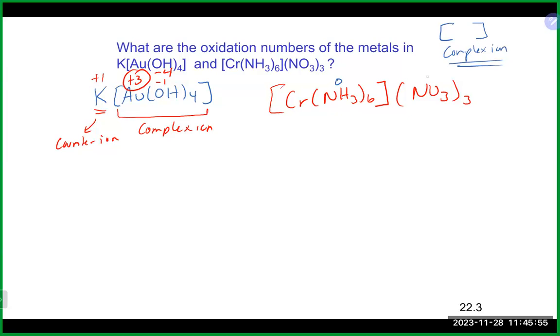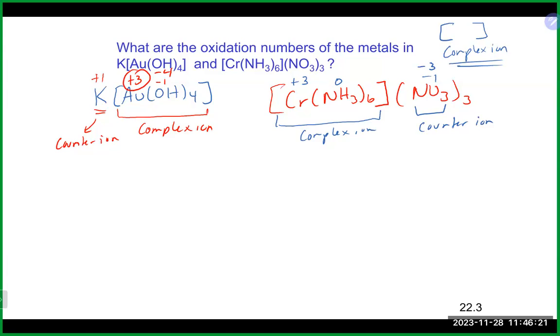This is nitrate hanging out over here, so that's -1, and there are 3 of them, which gives you -3. So to balance it out, that's going to be +3 for the chromium. Once again, this would be our complex ion, and this guy here would be our counter ion. First up, any questions on assigning the oxidation states?